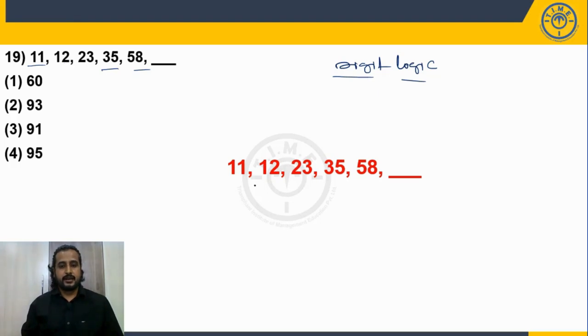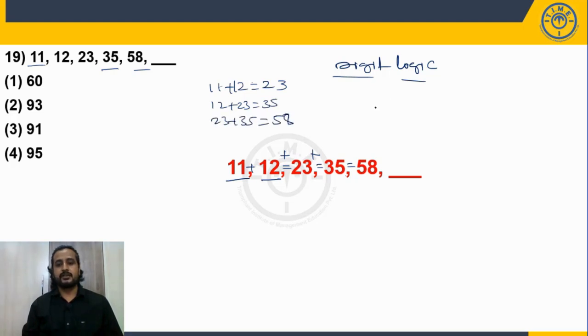Look at here. 11 plus 12 is equal to how much? 23. 12 plus 23 is how much? 35. 23 plus 35 is equal to 58. So sum of the previous two numbers is equal to the third number in the series. So what will be my next answer? 35 plus 58.